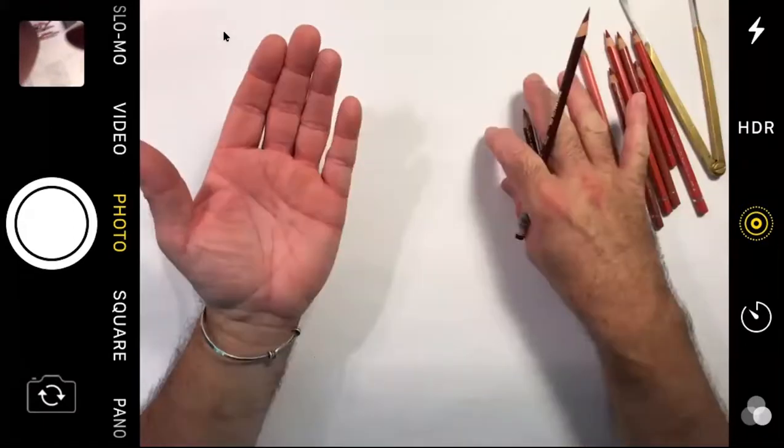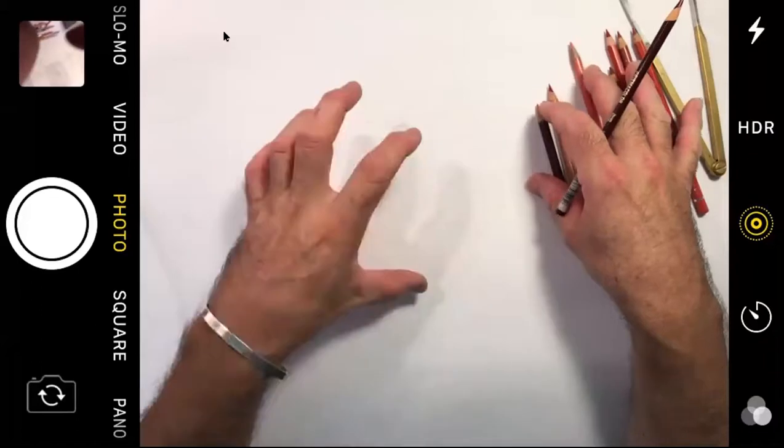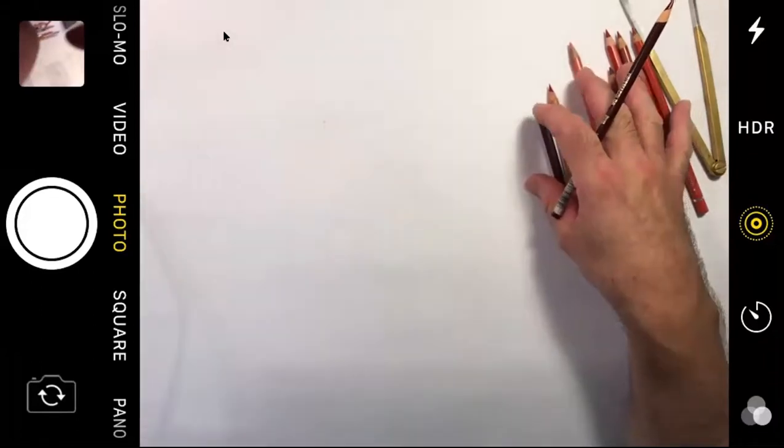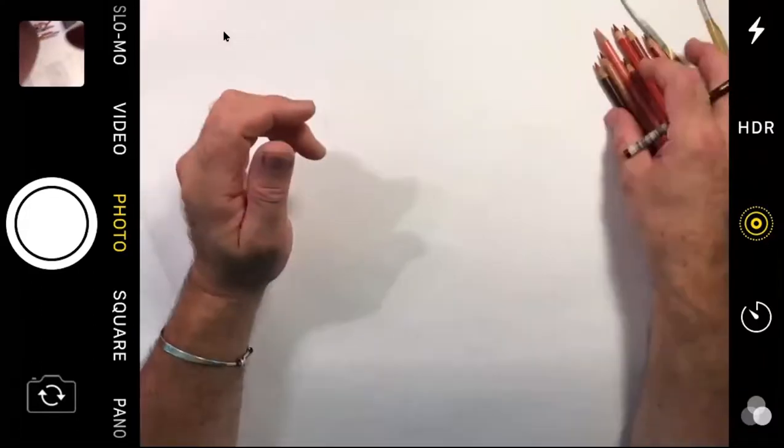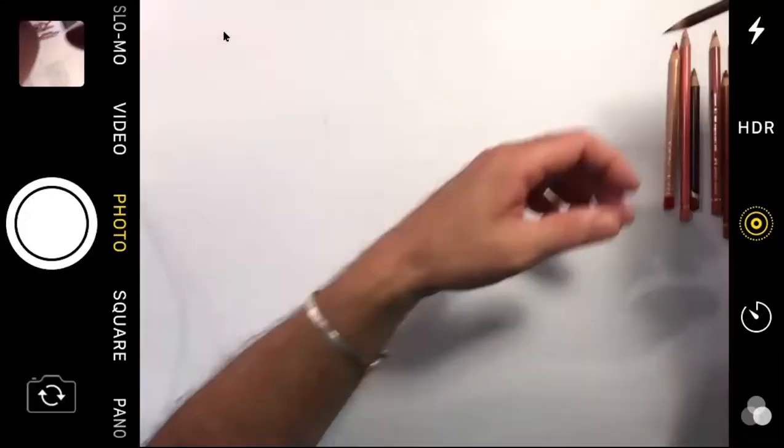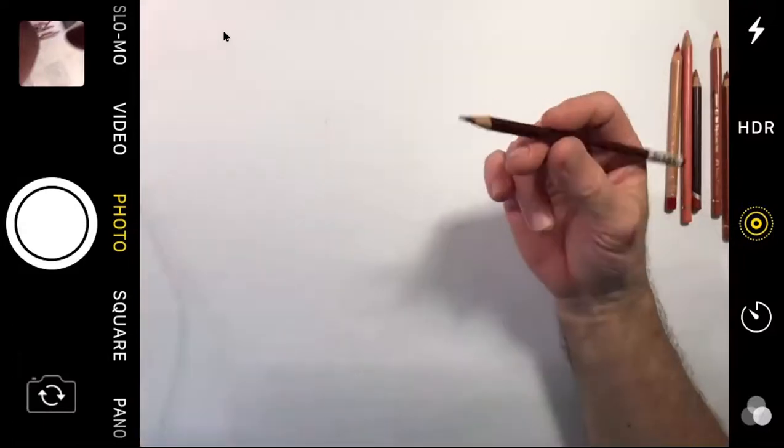Once we understand the proportion of the arm and hands, then next week we can start working on drawing the hand in different positions, in various positions, right? So let me get some art.